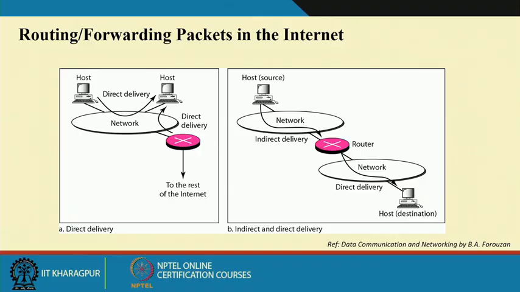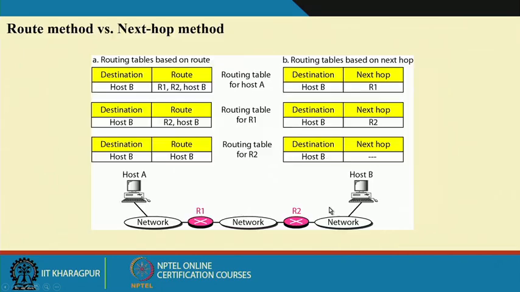Looking at it the other way, we can have direct delivery, say two systems connected by a cable, and I directly deliver a packet from one to another, right. Or I can have an indirect delivery system, or multiple hops. In this case, a router forwards the packets, and there can be multiple routers, where routing comes into play.